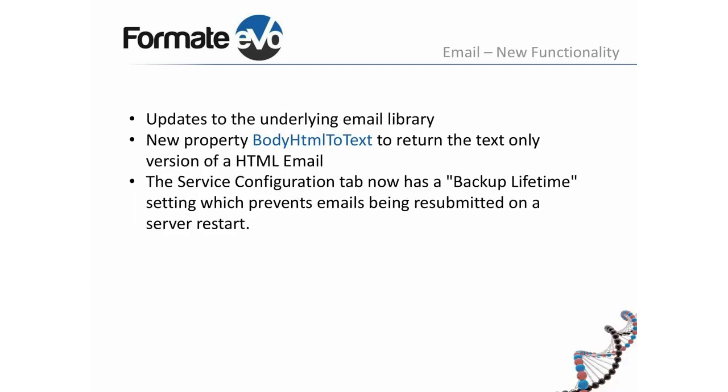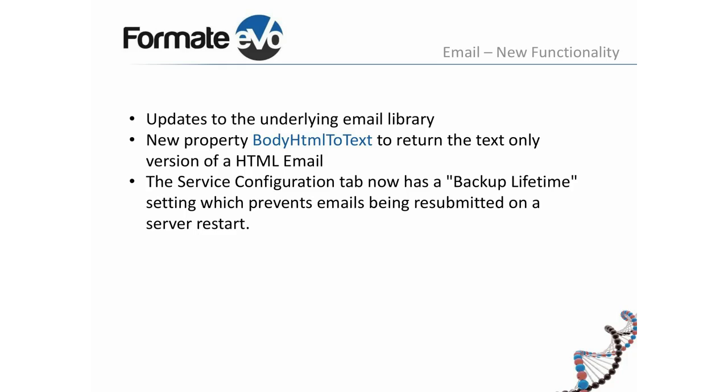We've also got a backup lifetime setting for the emails, which prevents them being resubmitted on a server restart. Again, Phil, do you want to explain that in a little bit more detail? Yeah, one of the features of eVo is that the emailing is done on its own separate thread.